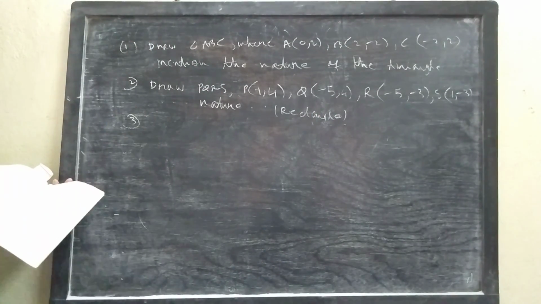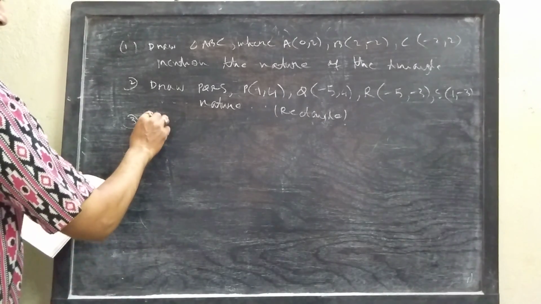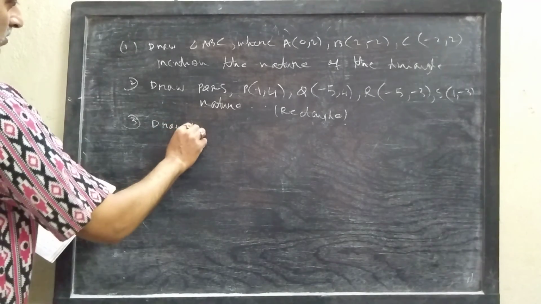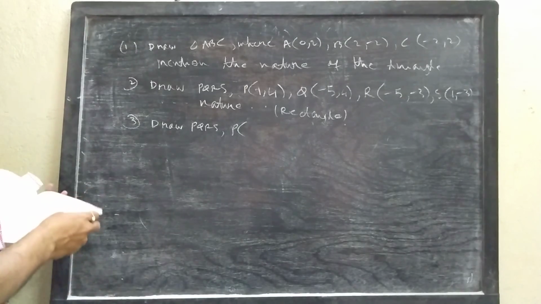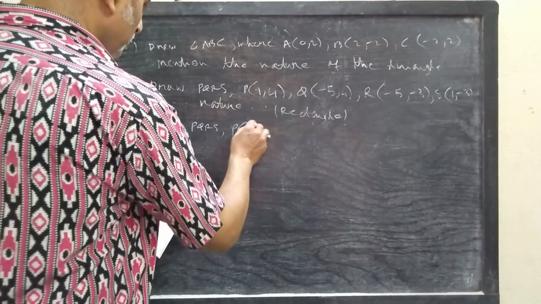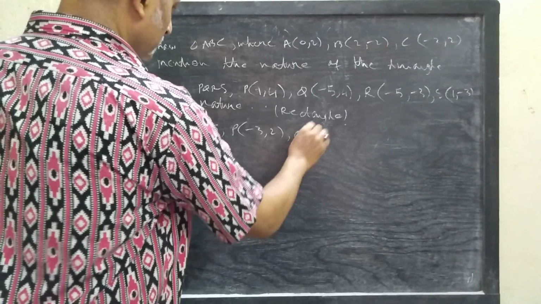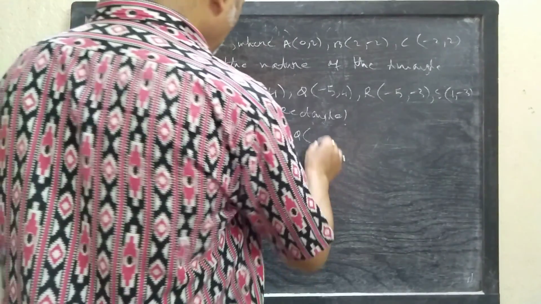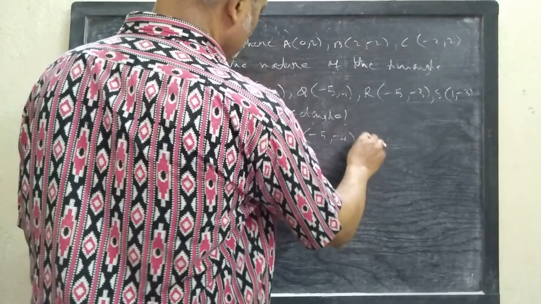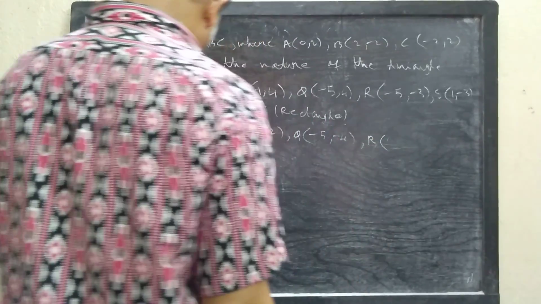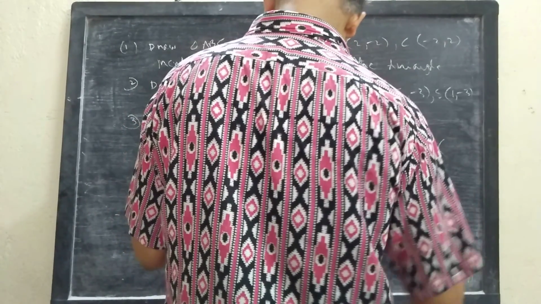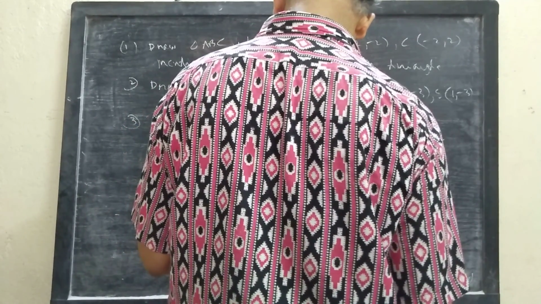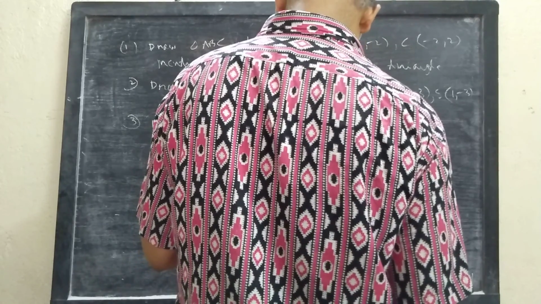Number 3. Draw quadrilateral PQRS where P is (minus 3, 2), Q is (minus 5, minus 4), R is (minus 2, minus 4), and S is (0, 2).